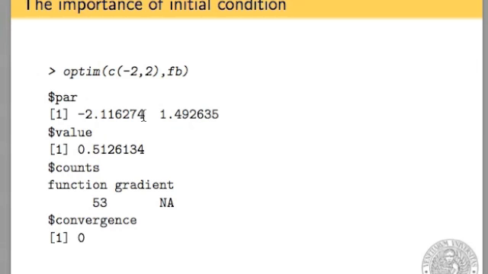In this case, x is -2.12 and y is 1.49. However, at this point, the value at the minimizer is 0.51, which is smaller than the previous 0.6. So basically, depending on the initial starting point, we reach different solutions.